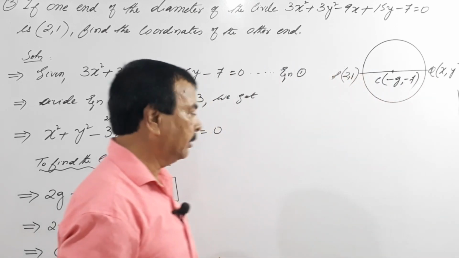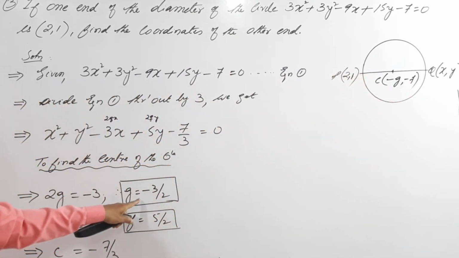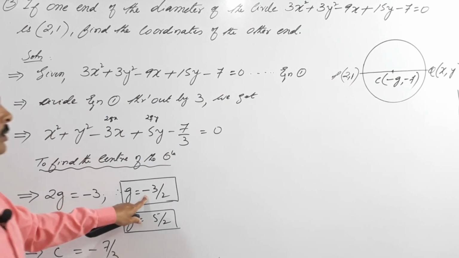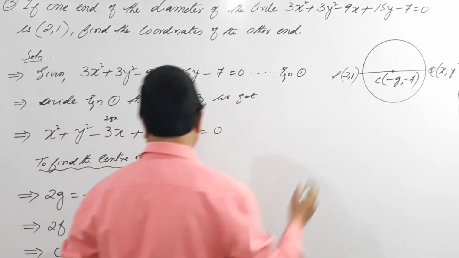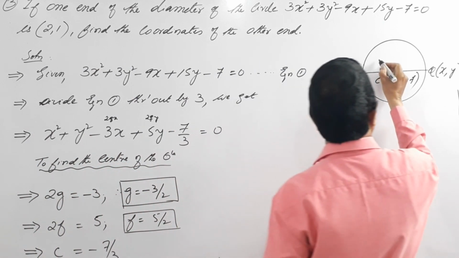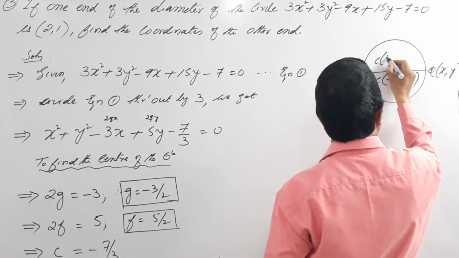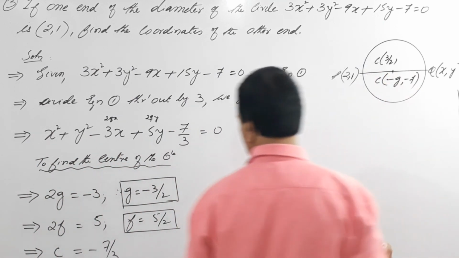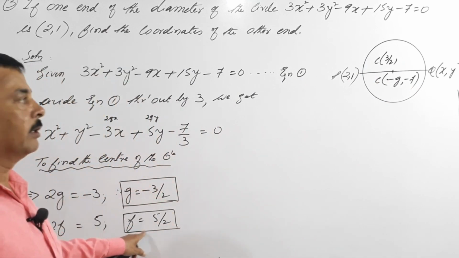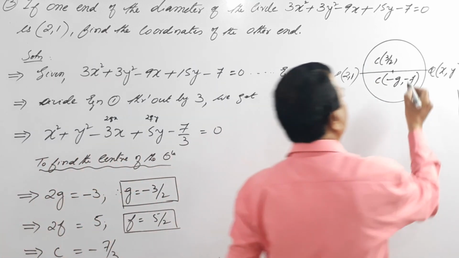Isn't that the formula? So now what is g? Minus, so minus into minus becomes plus. So g becomes plus 3 by 2, and this becomes minus 5 by 2.